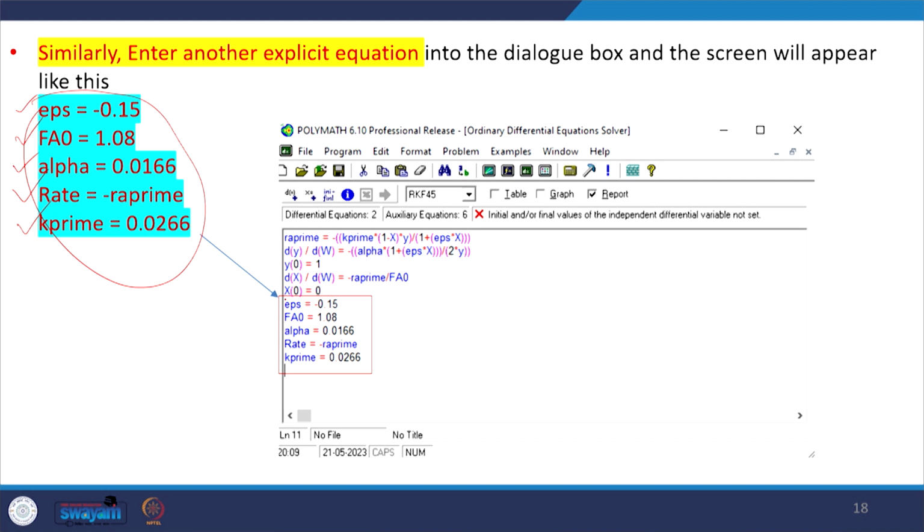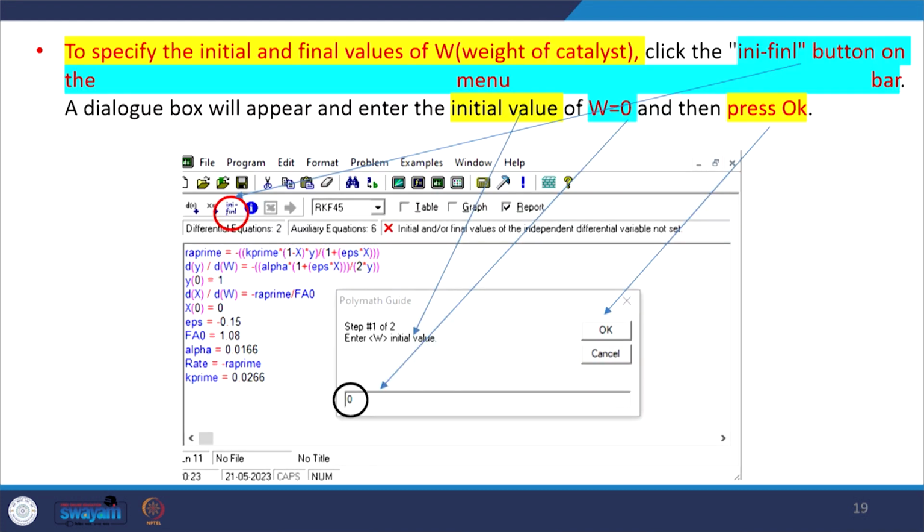Once they are put, they appear here. So, almost all parameters we have put in. Then we have to specify the initial and final value of the weight of the catalyst, that is, the range within which we want to study. We put the initial value and press OK. Initial W equals 0, the catalyst weight, up to W equals, let us say, 60 kg, within which we want to study.